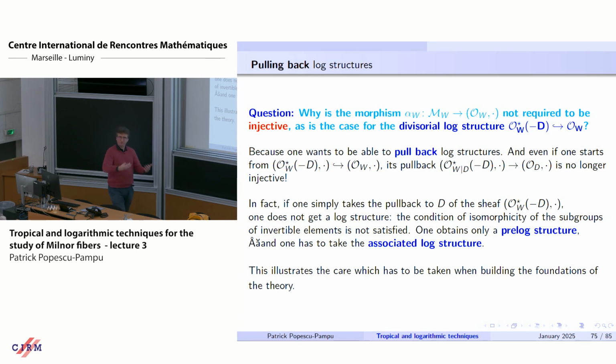So if you want this flexibility, you are obliged to remove injectivity from the hypothesis defining your object. And in fact, if you look carefully at the restriction, you will discover that by simple restriction of sheaves, you lose the isomorphism you asked for. And then this needed a word, which is called a prelog structure. And in fact, a prelog structure has an associated log structure, and one needs a lot of care to build the basis of the theory.